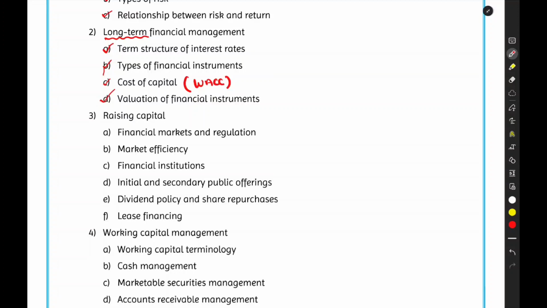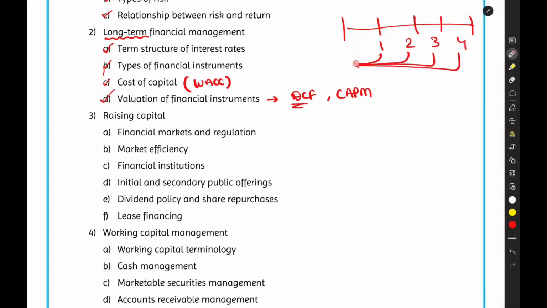Then we are also going to discuss different valuation techniques for different types of financial instruments. Here we usually use the DCF technique, discounted cash flow, and we also use the CAPM model, capital asset pricing model. Discounted cash flow is where, if you have a project running for, say, 4 years, 1, 2, 3, 4, we bring all the future cash flows to their present value.